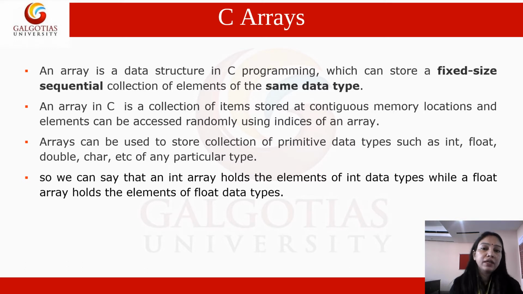So when we need to store numbers of the same data type, it may be float, int, or character, right? When we need to declare variables of the same data type, and there will be more than 10 or 100 of them, it is better to use an array rather than declaring variables individually, right?